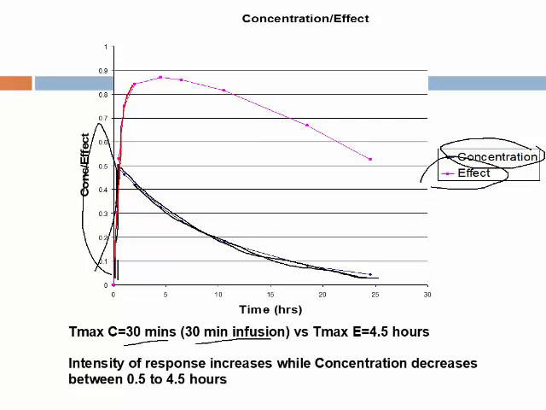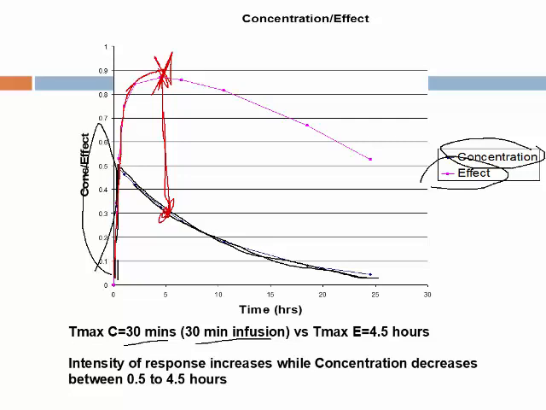Our concentration is still falling and our effect is still rising. So here's where we get to our maximum effect, and it's certainly not at our maximum concentration, is it? Our concentration has already fallen to about 0.3 here, right? So we can see that the maximal effect lags our maximal concentration, doesn't it?